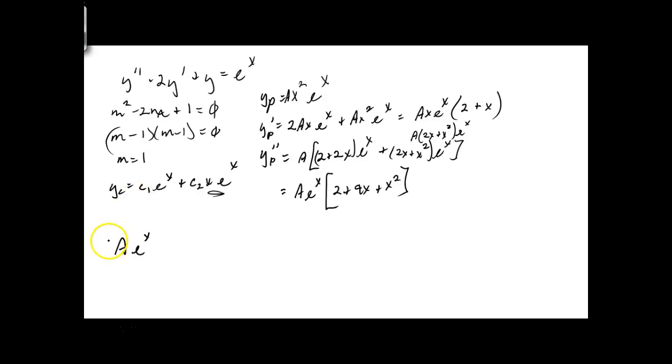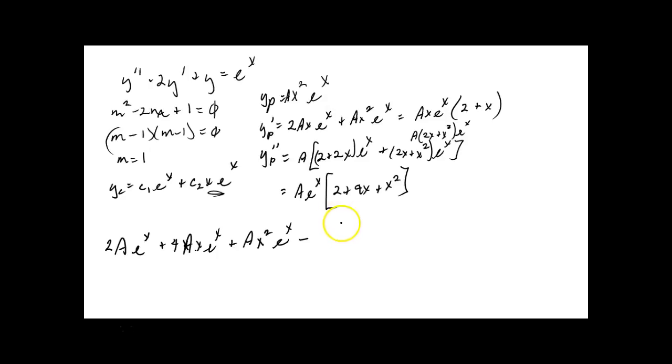I'm wishy-washy on this one now. 2a e to the x plus 4a x e to the x plus a x squared e to the x. That's the first one. Minus 2 times your y prime.